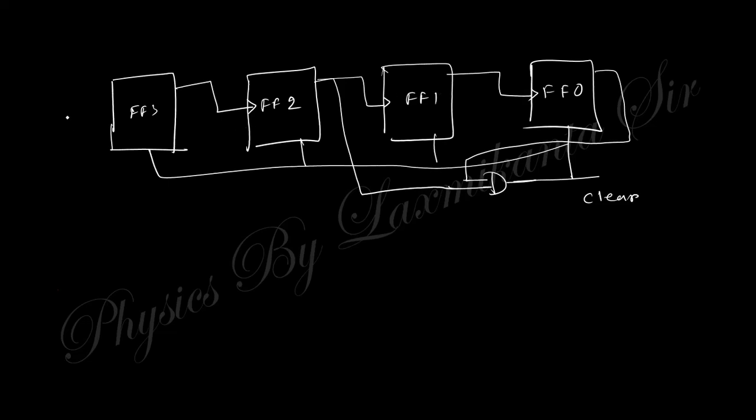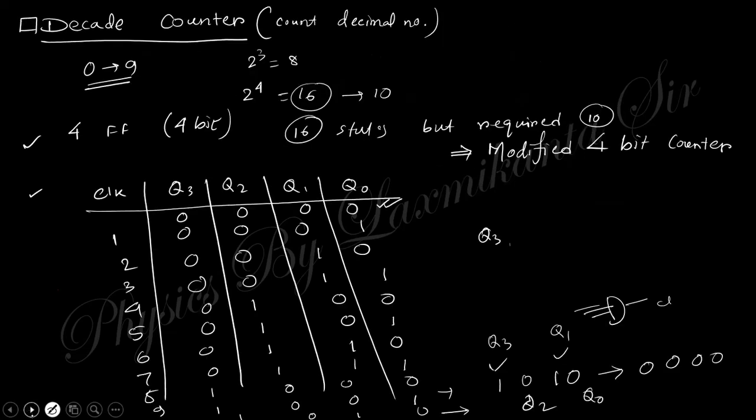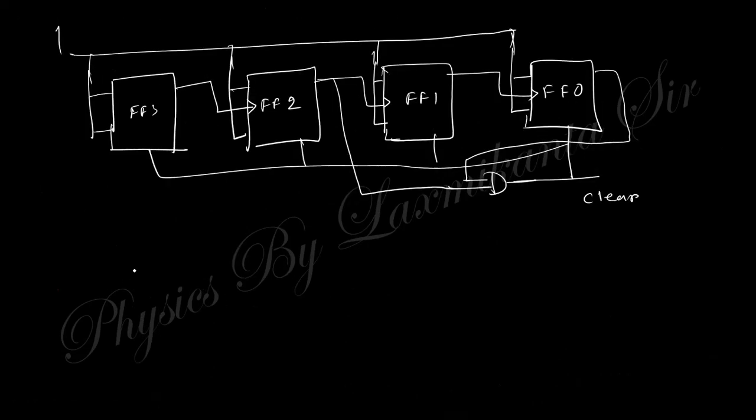And you know the JK are the same things, toggle condition. Okay. So this is the decade counter where you actually count from 0 to 9.